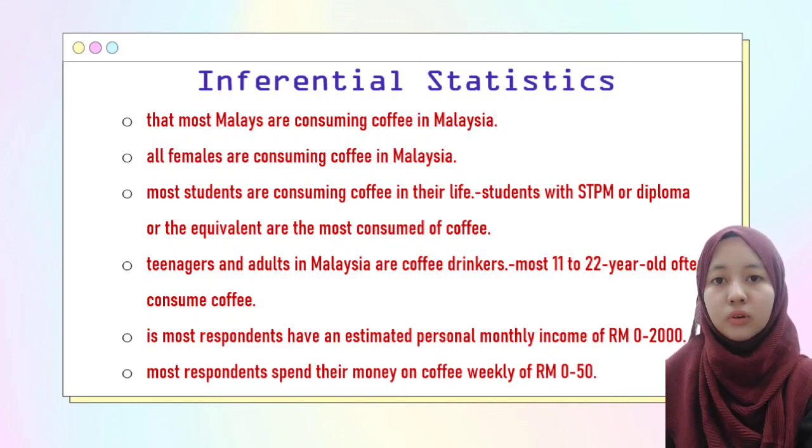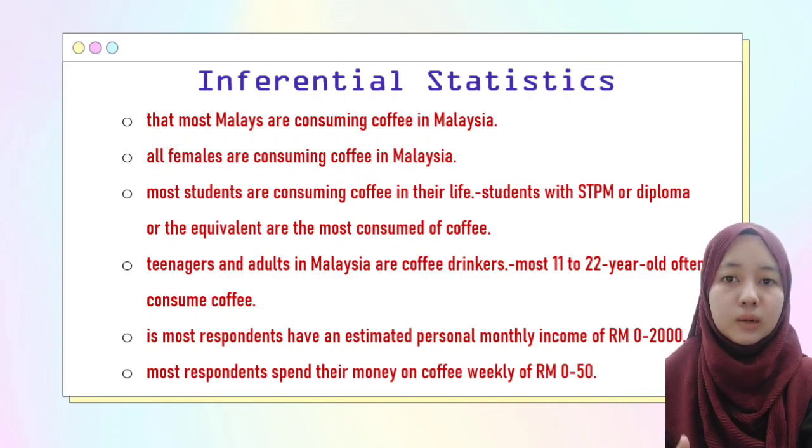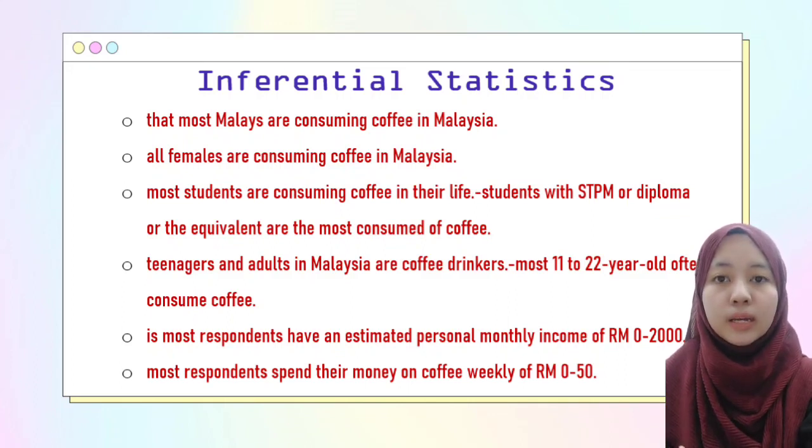The greatest vote for estimated personal income is 162, which is RM0 to 2000. The smallest vote for estimated personal income is 1, which is RM6003 to 8003. A possible inference drawn from the study is most respondents have an estimated personal monthly income of RM0 to 2000.